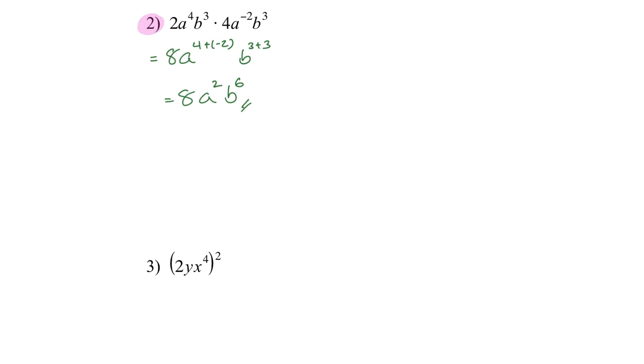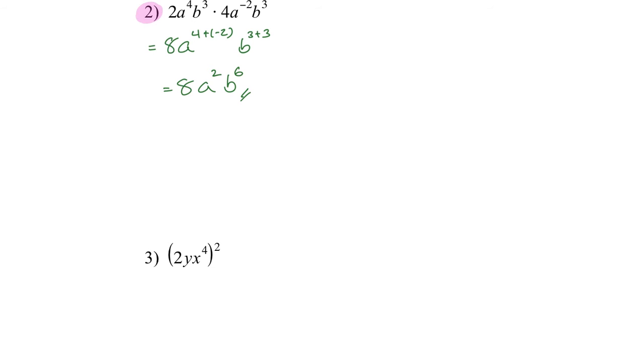Now I have this to the power in parentheses. So that means I'm multiplying this times itself, right? So 2yx to the fourth times 2yx to the fourth. So that 2, I'm going to apply it to everything there. So I'm multiplying the 2 times the exponent. Remember that I have a 1 here and a 1 here.